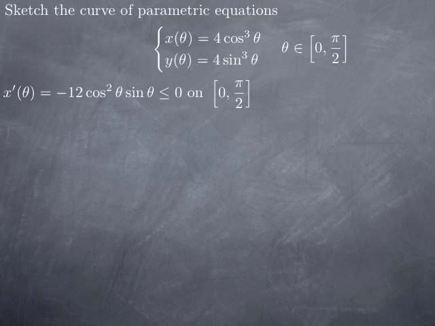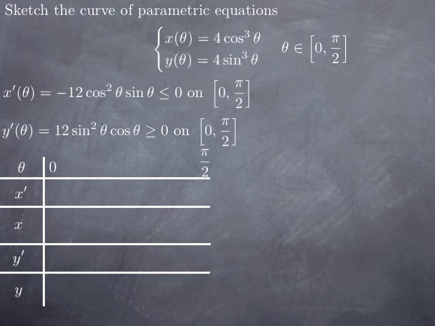Therefore, the derivative is here negative 12 cosine square theta multiplied by sine of theta, which is of course a non-positive value. Similarly, the derivative of y is obtained by multiplying 4 by the derivative of sine cube of theta, which we obtain with the chain rule, and is 3 sine square of theta multiplied by the derivative of sine theta, which is cosine theta. Therefore, we get 12 sine square theta cosine theta, and that's a non-negative number.